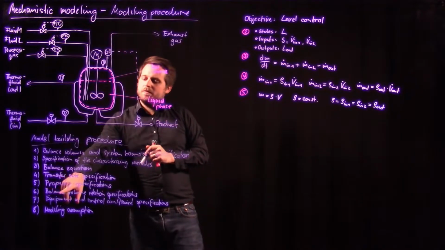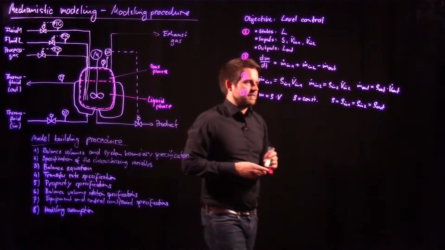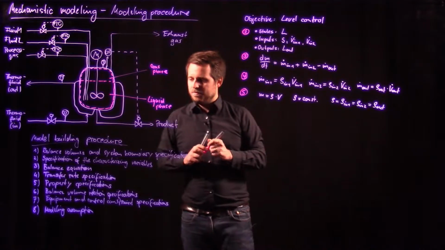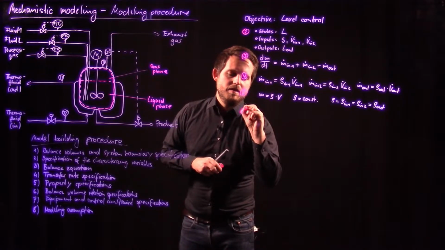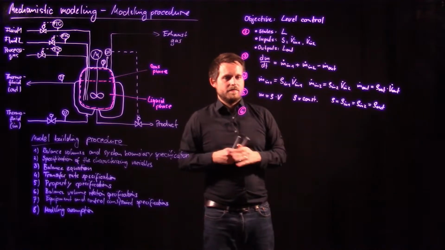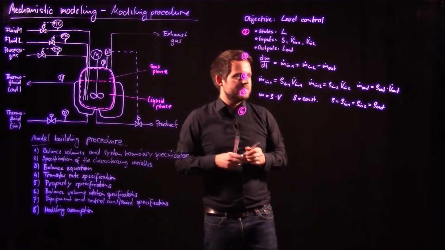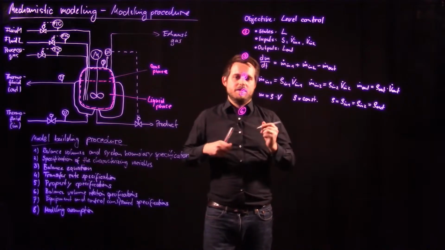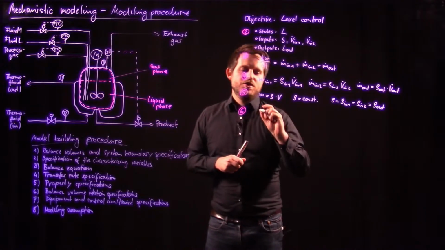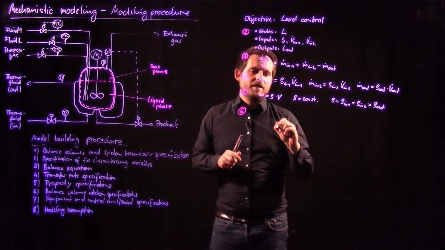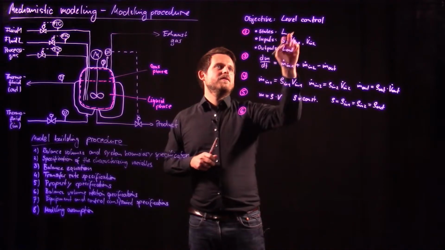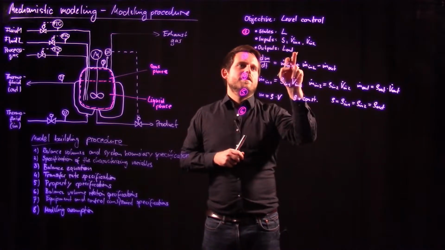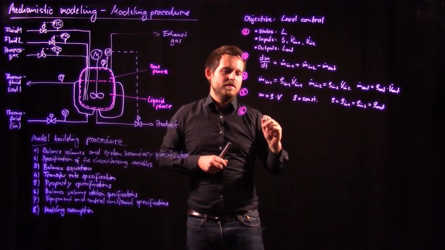The next step would then be to talk about the equipment and control constraints, which is 6. Here again, we have multiple things we can consider. First of all, the relationship between the volume and the level, this level as a state, and maybe also the level that is the measurement signal.